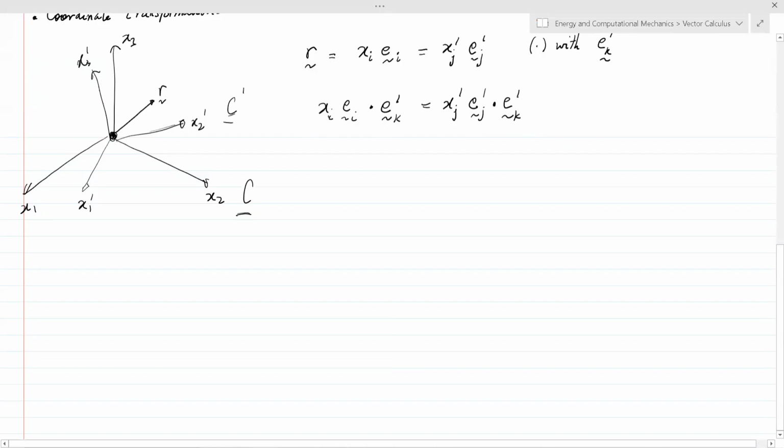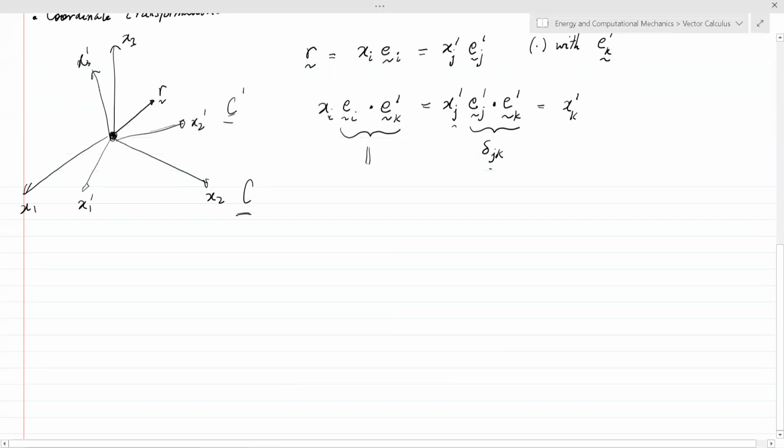And notice how this becomes a Kronecker delta, and this j is repeated, so therefore this right-hand side becomes xk prime. We also notice that we could use the definition for this.